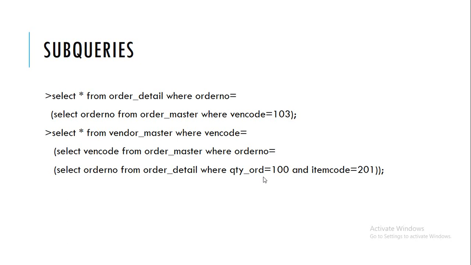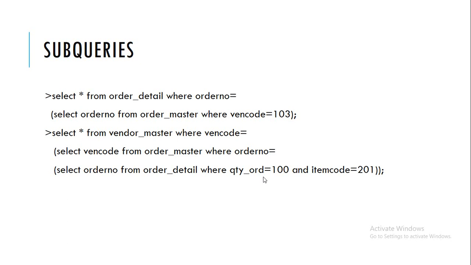First I have to find out the maximum salary, that is the internal query: select max salary from EMP. Then I'll write select employee number from EMP where salary equals whatever maximum salary comes, and I write that salary over there.